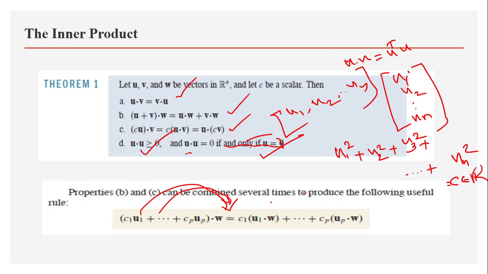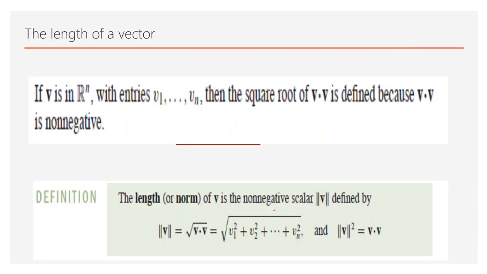That means w is taken in inner product with u1, u2, etc., up to up, and each term is multiplied and the sum is obtained.